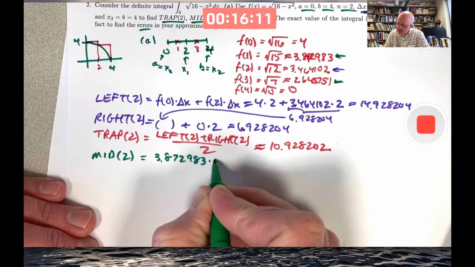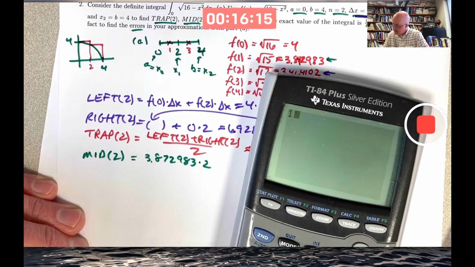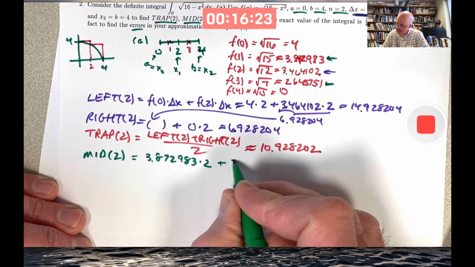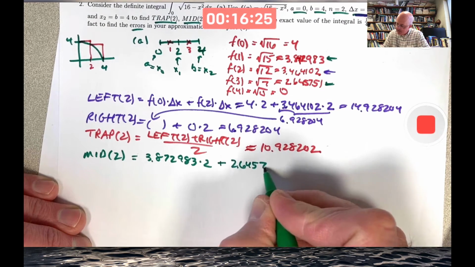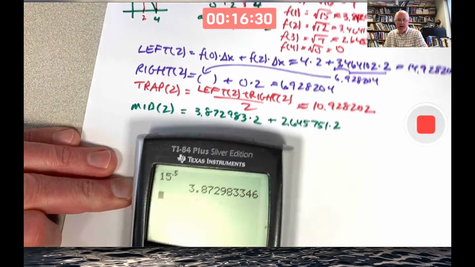So again, this was 3.872983. Let me just again double check that I didn't make a typo there. 15 to the 0.5 power, 3.872983. Yep, okay, times 2 plus the next one there, 2.645751 times 2. Let's just get the answer here.